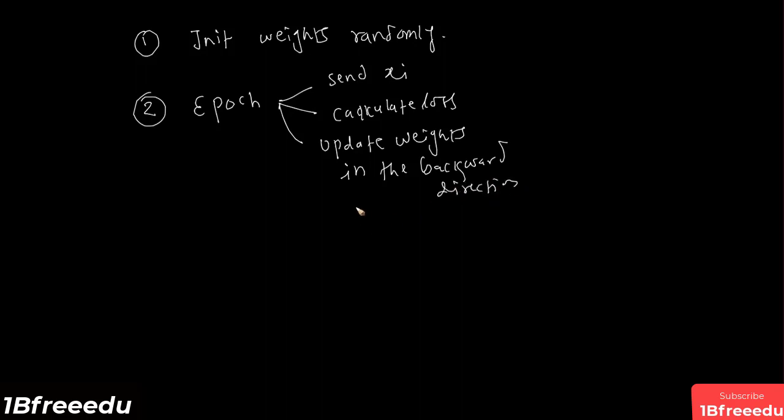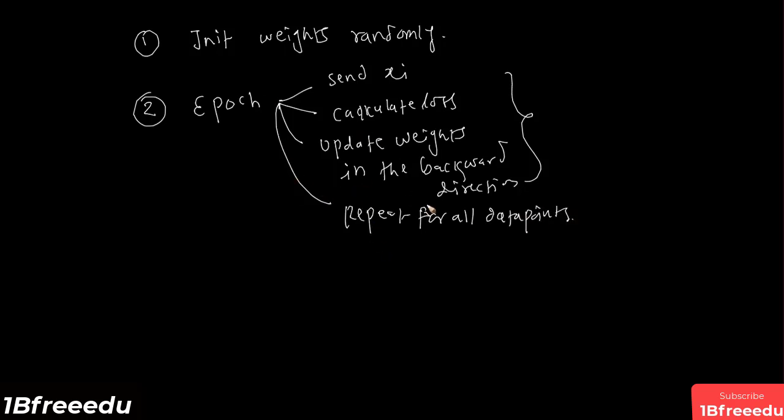Backward direction means starting from the last layer to the first layer. And then repeat these steps for all data points. So this is one epoch.